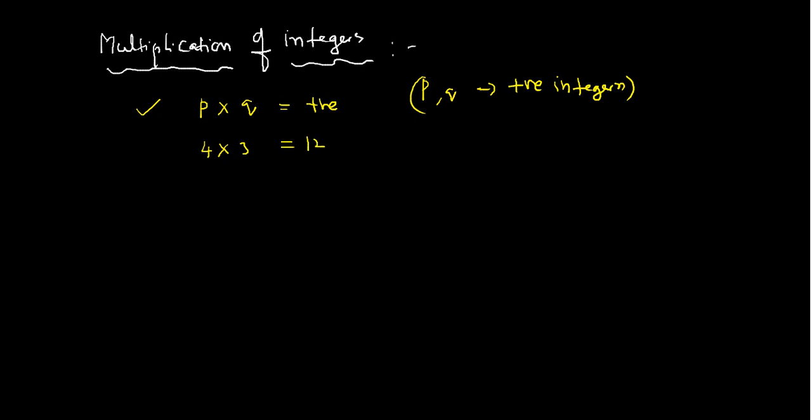Like that, 6 into 4 is 24, which is also a positive integer.